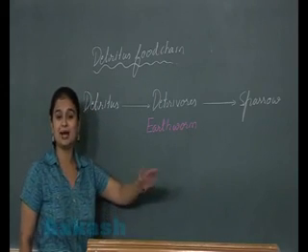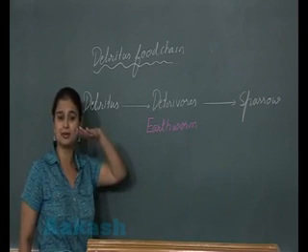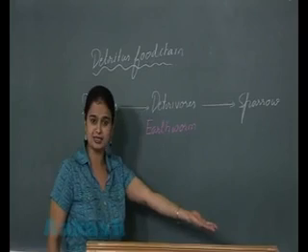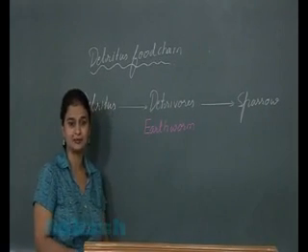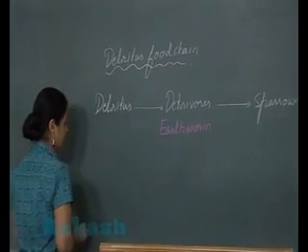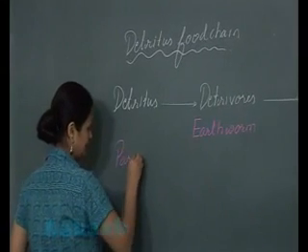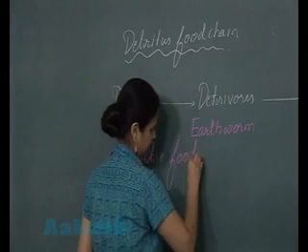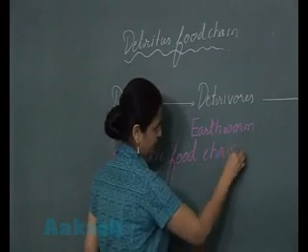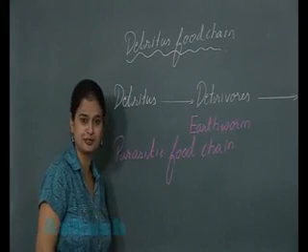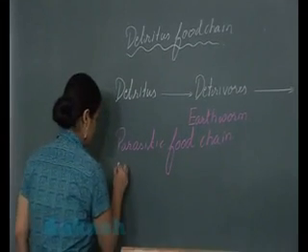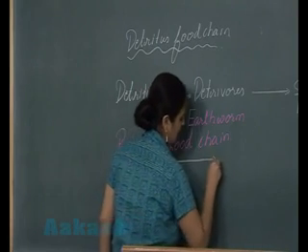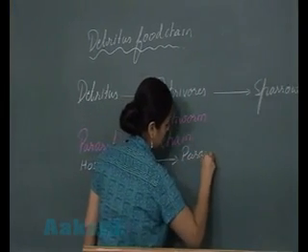So the parasitic food chain starts with the host and ends with the parasite. So the last category of the food chain we can write here is the parasitic one.